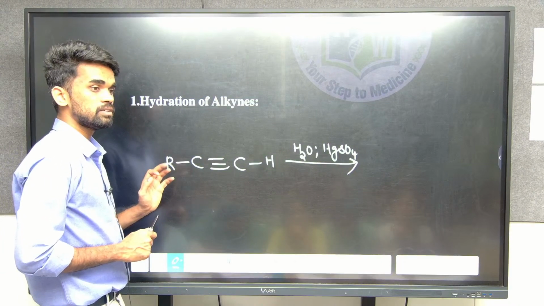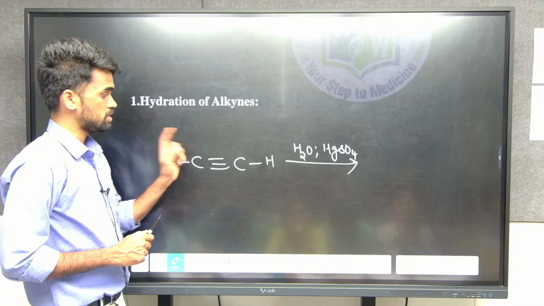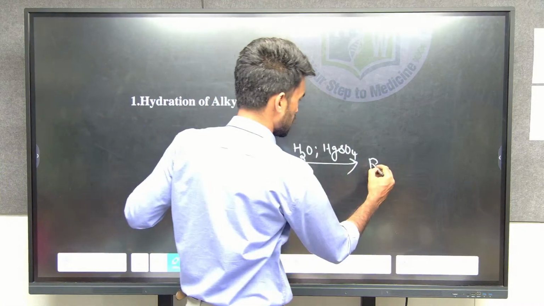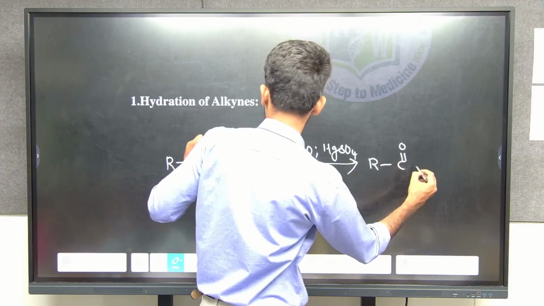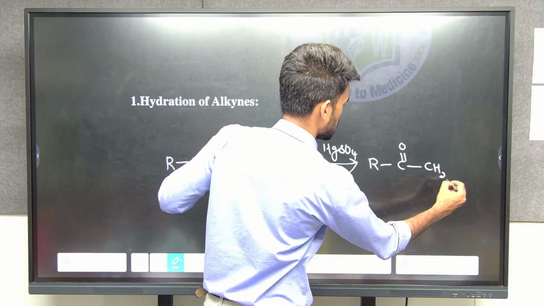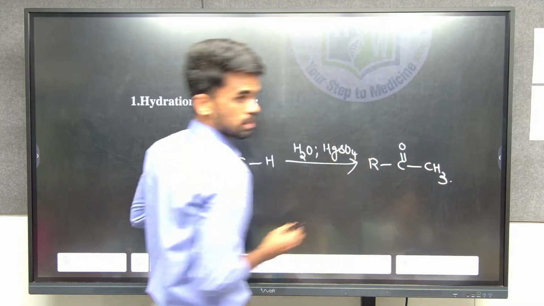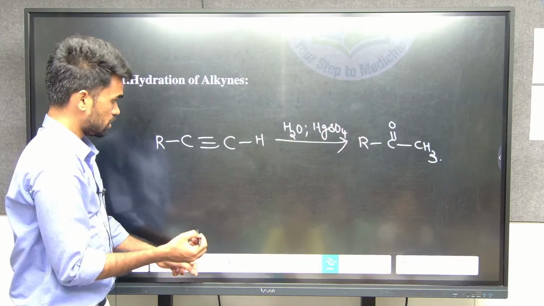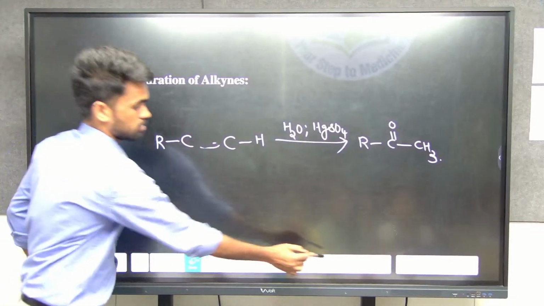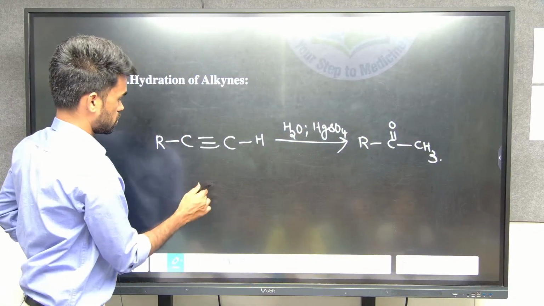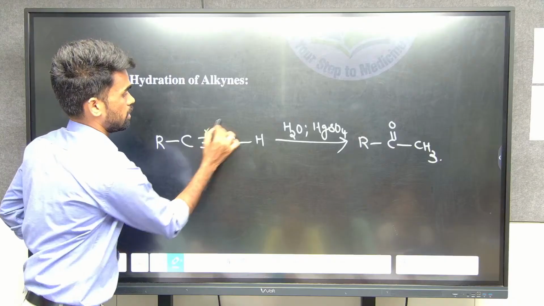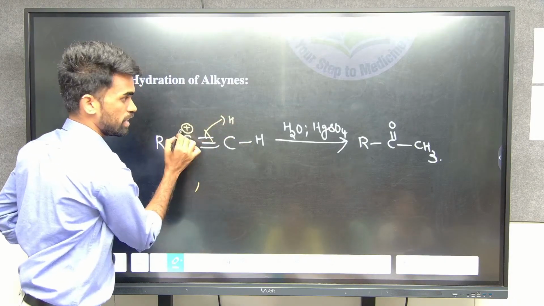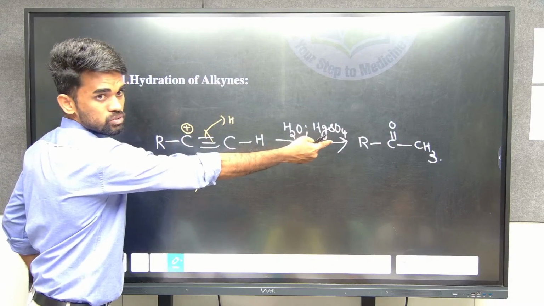R side OH, CH side H. That's it, no? So finally you will get the aldehyde or ketone like this. How did we do this? Just breaking. If I add H plus on these, we get a stable carbocation here. Add OH, do tautomerization, gives that product.